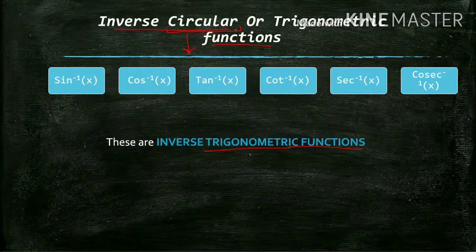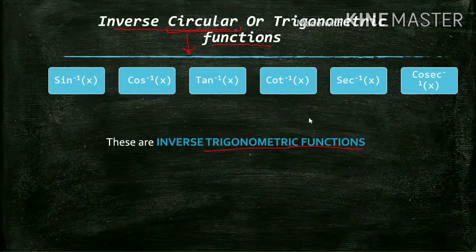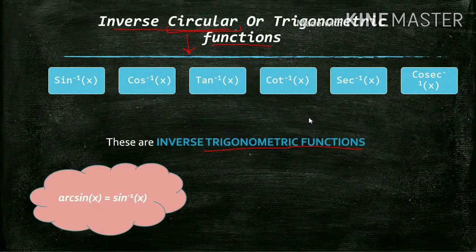Now, an important notation: there is one more way to write these inverse trigonometric functions. That means writing the trigonometric function, then -1, and then x is not the only way. Suppose I have to write sine inverse x.